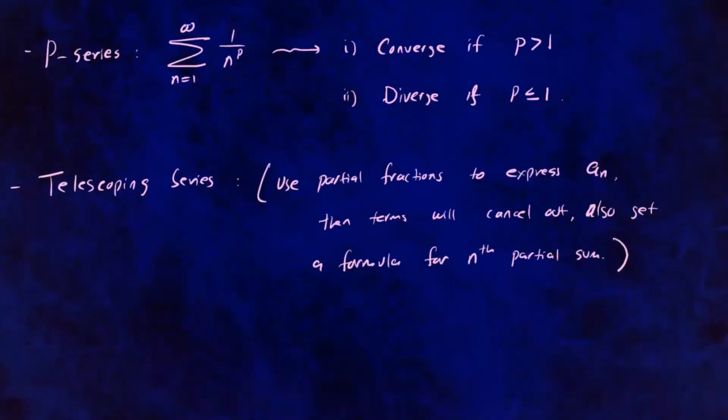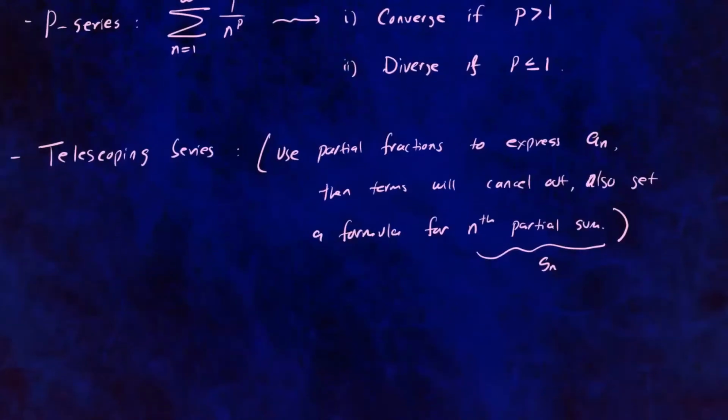Let's call that Sn. When you take the limit of this nth partial sum, if this goes to a finite value, then you know your series is going to converge. If it diverges, then of course, the series is going to diverge. So that's how you can work with the telescoping series.